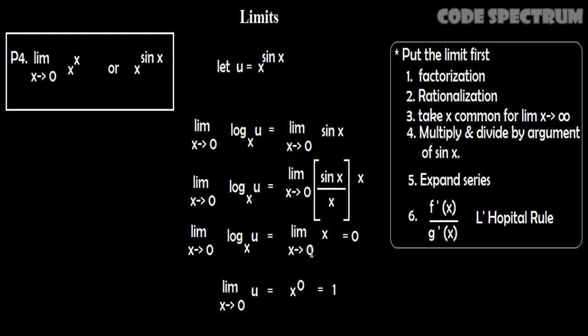You can write limit x tends to 0 of x, which will be 0, and it is already equal to the limit x tends to 0 of log u base x. You can find the value of the limit x tends to 0 of u: take this log to the other side, and x to the power 0 would be equal to 1. So the final answer would be 1.